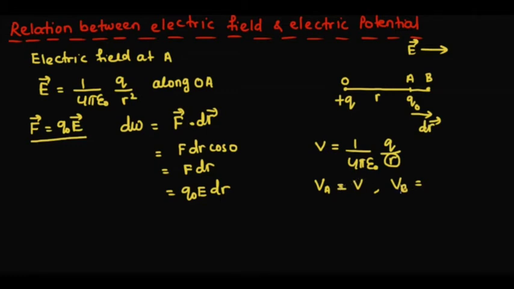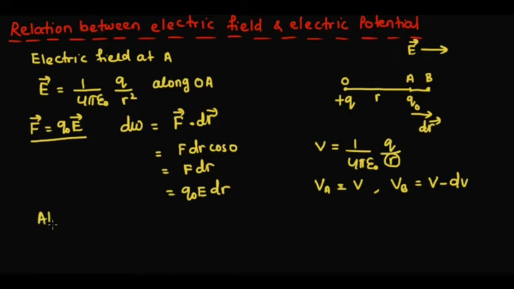So I can write that the potential at the point B is equal to V minus dV, where dV is the small decrease in potential when we are moving from A to B, because we have chosen that the two points A and B are separated by a small distance dr. So due to the small change in position, the potential will also change by a small amount. We also know that when a charge is moved from one point to another point, the work done is equal to Q naught into delta V.